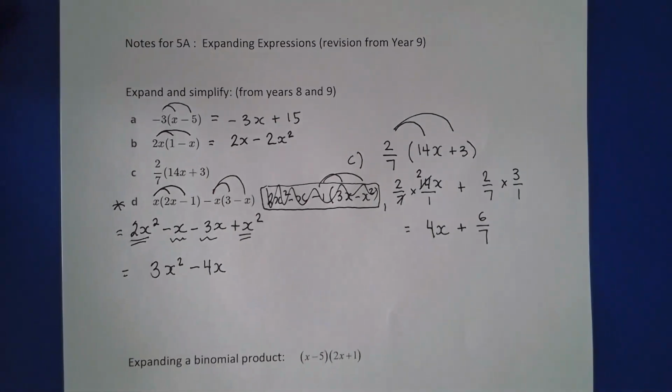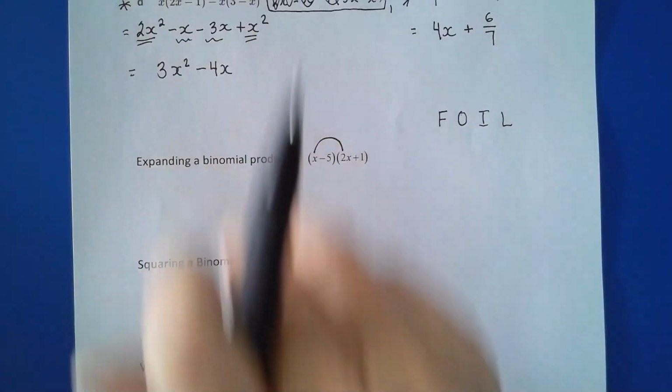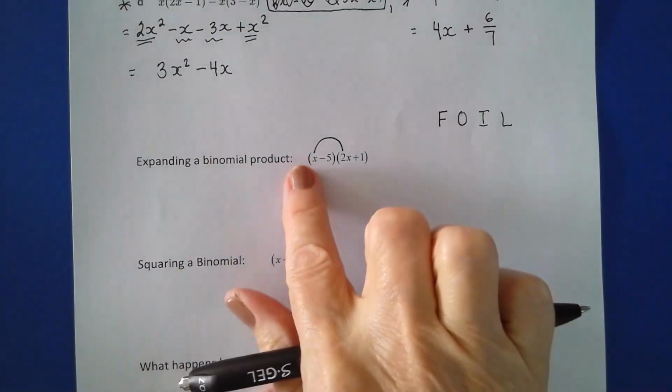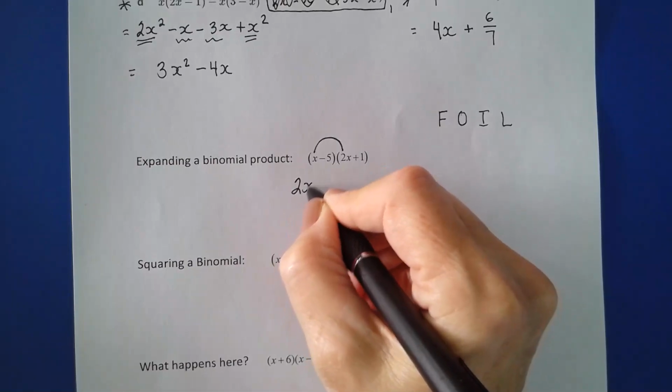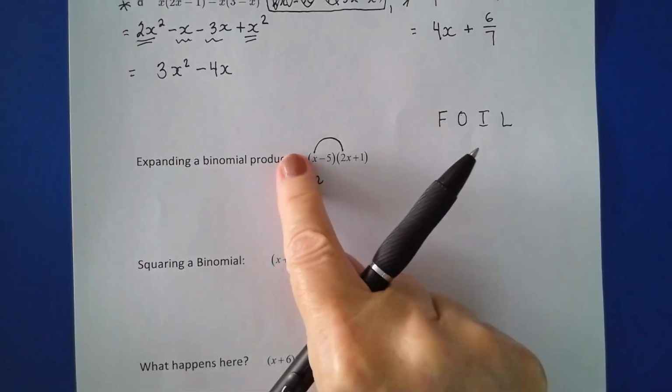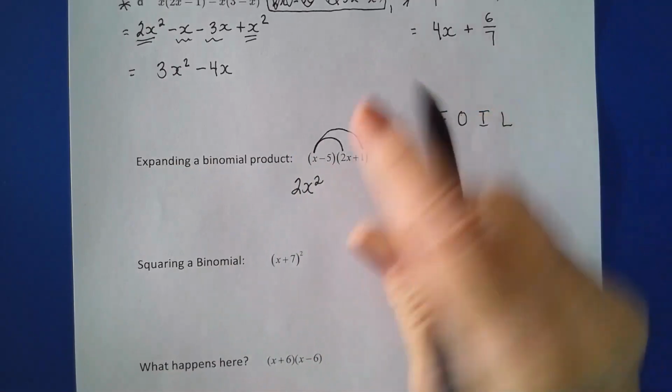Now, how about expanding a binomial? You ready for me to move? Okay, I'll wait for 1 second. So multiply the first 2 terms together, x times 2x. And then the outer term, so that term and that term. So the x gets multiplied by both of these.